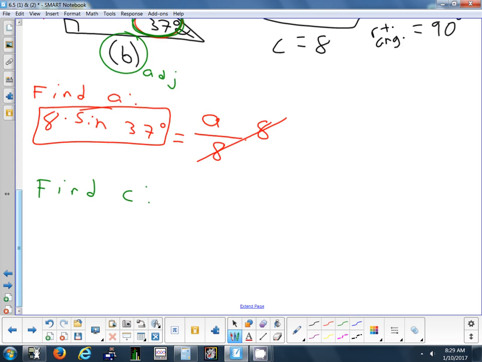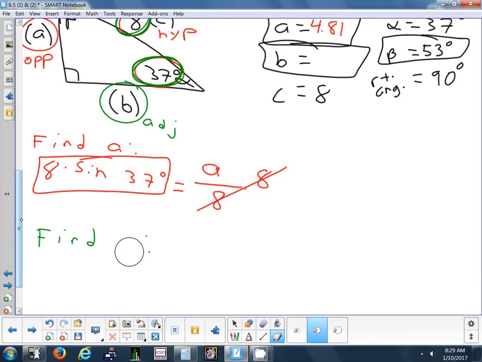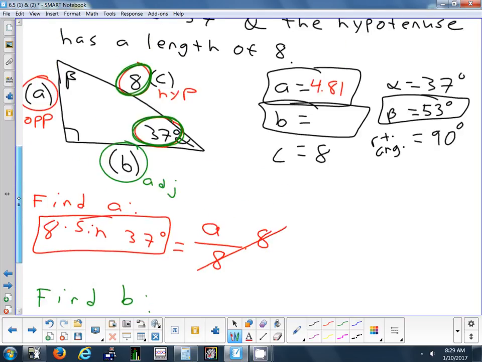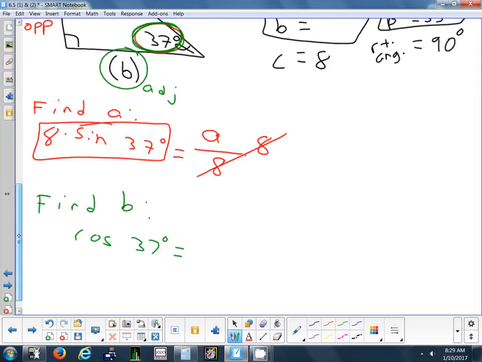Finish up, we'll find C. I'm sorry, B. Cosine of 37 equals, how long is adjacent? B. And how long is the hypotenuse? 8. Solve it exactly the way you did the last one.